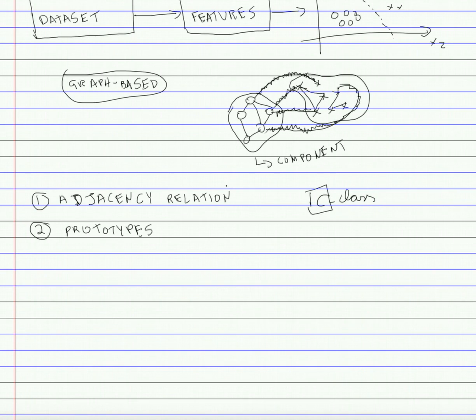So it's basically a competition process, and imagine that each prototype has its own influencing region, right? And the prototype is going to be like the most important guy of its cluster. So at the very end of the competition process, we're going to have a partitioned graph.